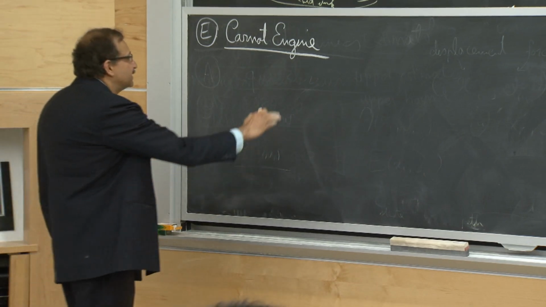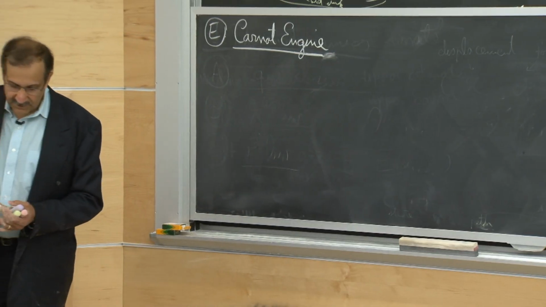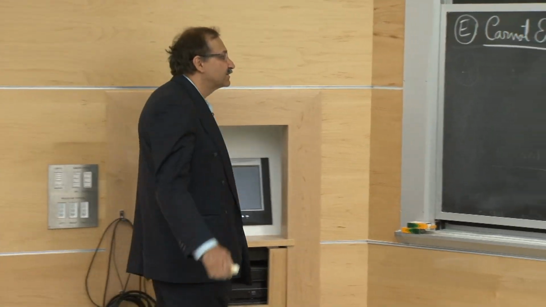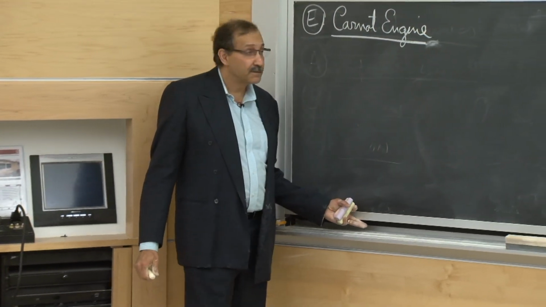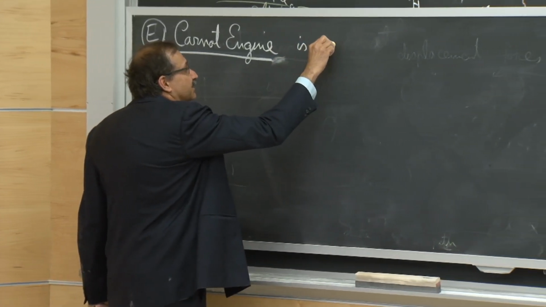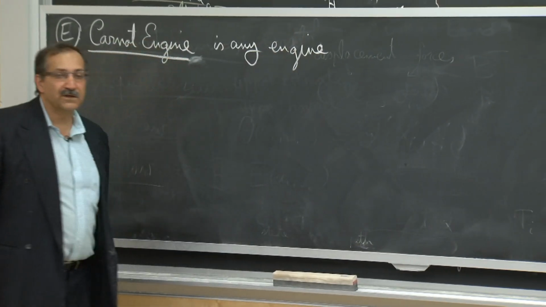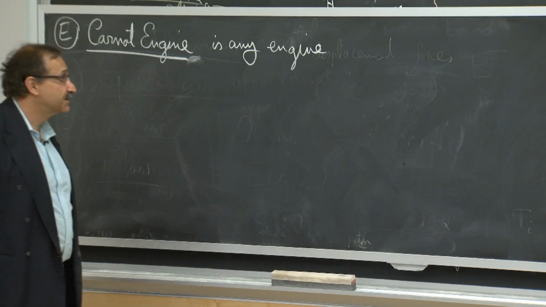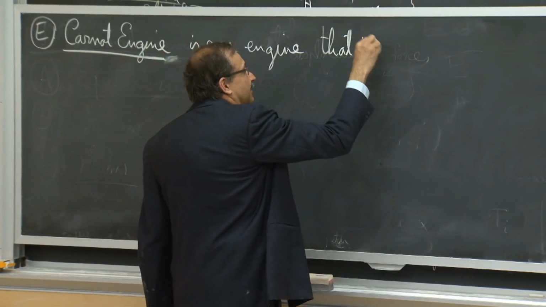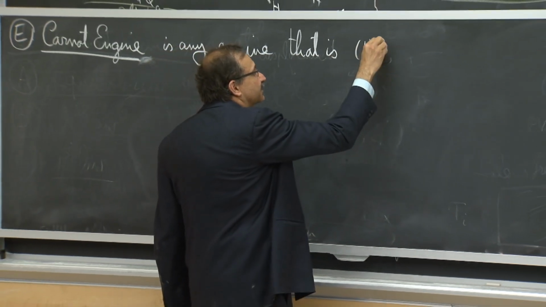So this is yet another one of these idealizations, again a theoretical construct, which you can try to approach in some limiting procedure. A Carnot engine is any engine with the following properties. That is, one, reversible.